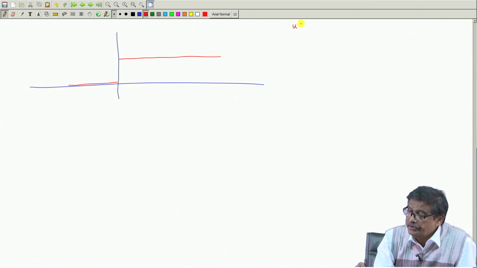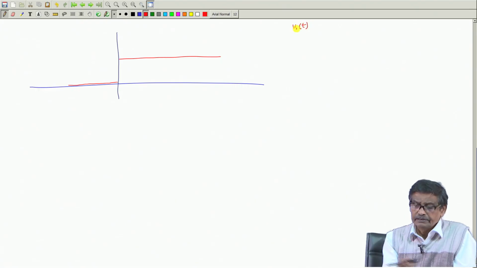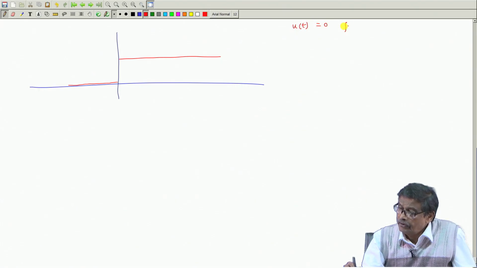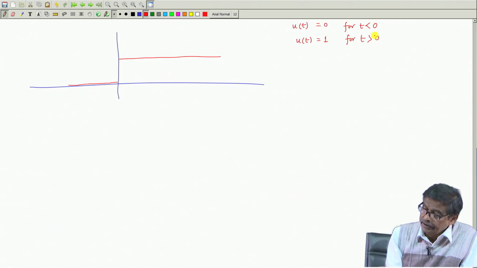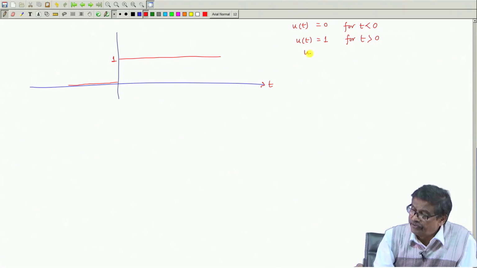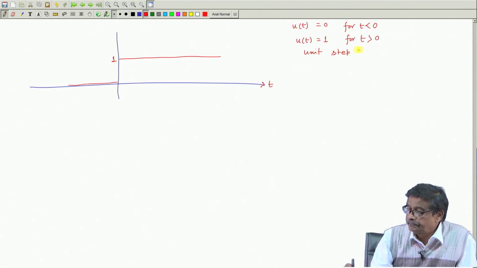I told you about the unit step function last time, very simple, which is u t equal to 0 for t less than 0 and u t equal to 1 for t greater than 0. This is your time axis and the value, this is called the unit step function.